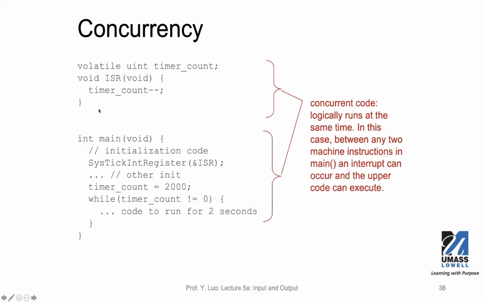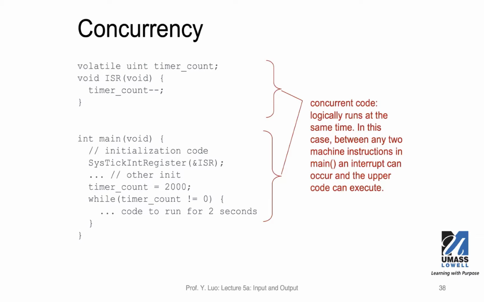But logically, you can view this ISR is also active, because precisely every 1 millisecond, this ISR will be executed. During the whole process, this ISR is not done. It has to be called again and again. Also, the main function, especially the while loop, is also being executed. So this is what we call concurrent code. They logically run at the same time.